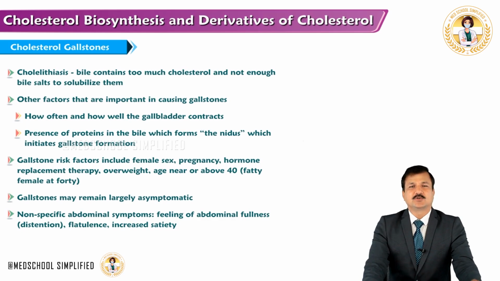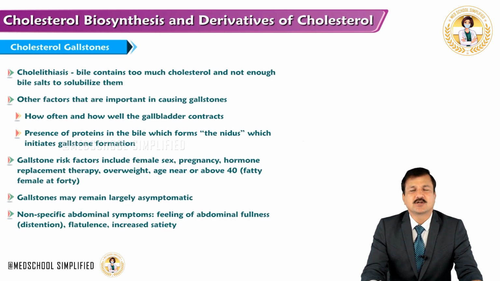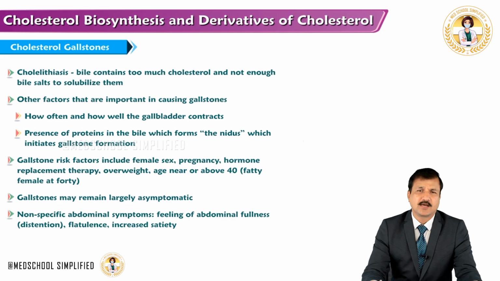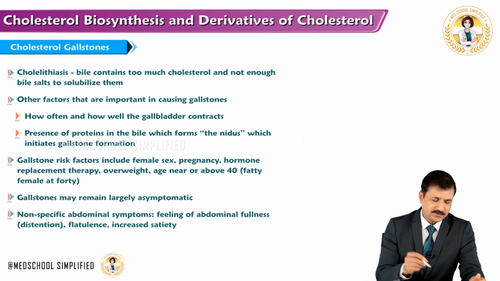One of the ways to get rid of the excess cholesterol from the hepatocyte is to simply secrete that excess cholesterol into the biliary canaliculi so that it gets into the bile, and bile is momentarily stored in the gallbladder. Now what happens with that?